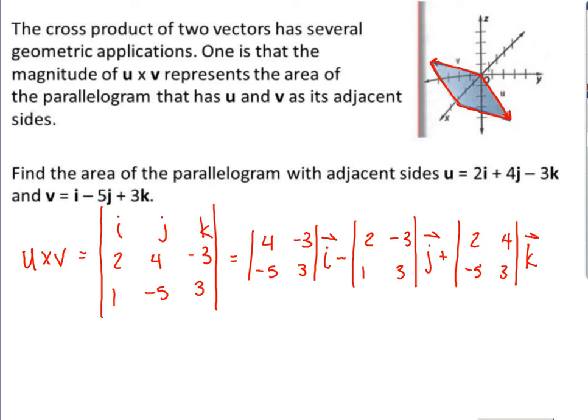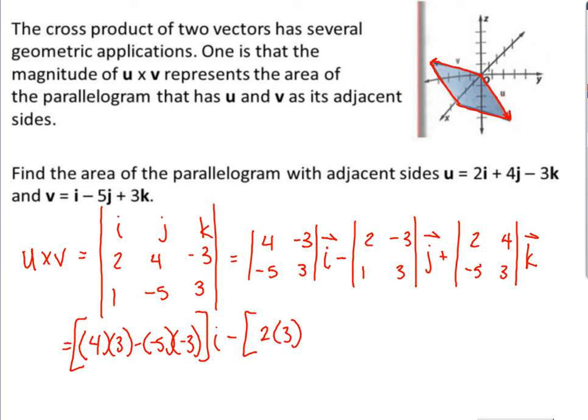When we find the determinant of each of those, we're going to have 4 times 3 minus negative 5 times negative 3 times i, minus 2 times 3 minus 1 times negative 3, j, plus 2 times 3 minus negative 5 times 4.